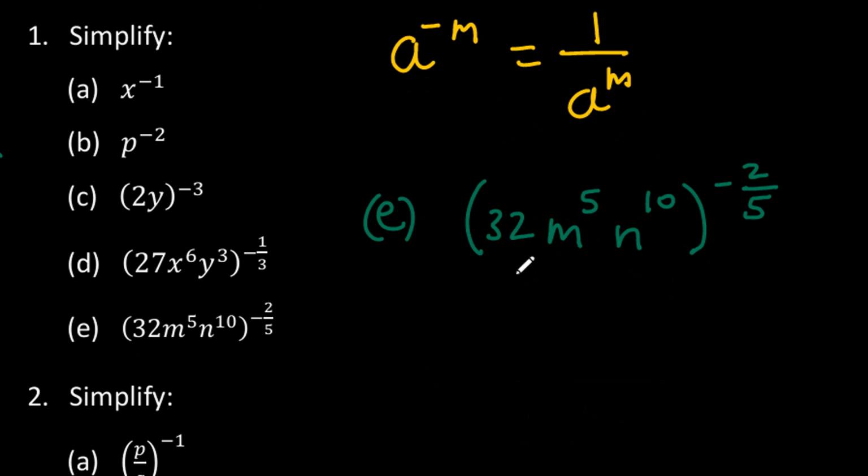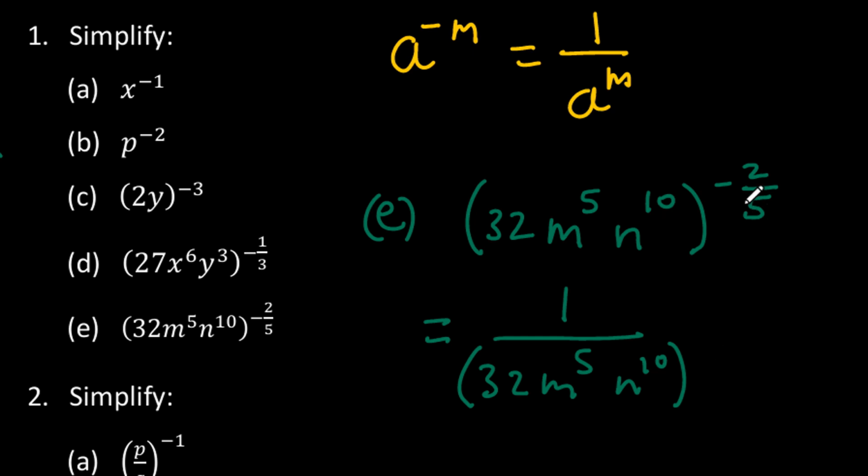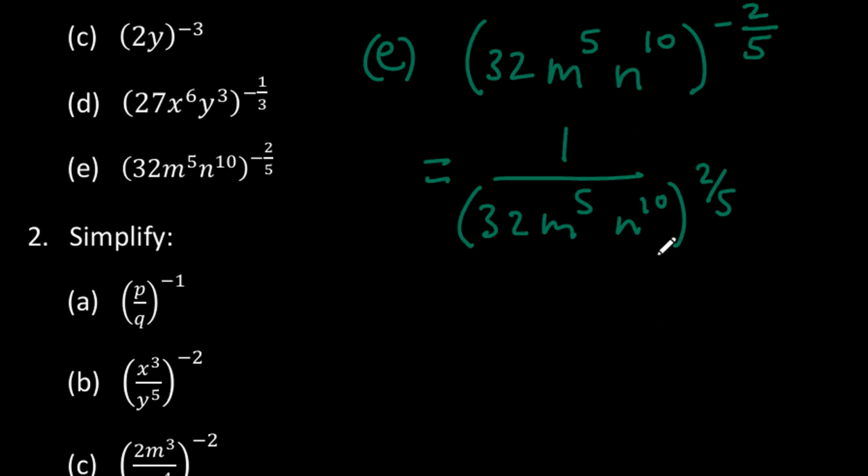Let's look at e. We can first make the power positive by using this law. So it's 1 over all of 32 m to the 5 n to the 10. And this is all to the power of positive 2/5. Now we can use prime factors for 32. We know that 32 can be written as 2 to the power 5.